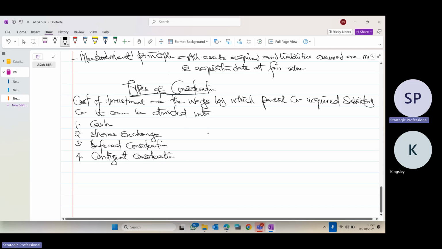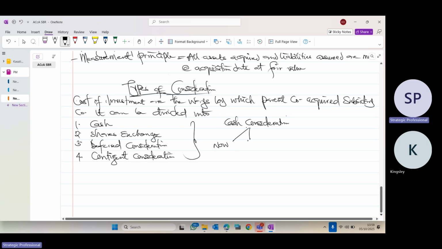It should be worthy of note that cash consideration majorly can be at present value, if you pay promptly.